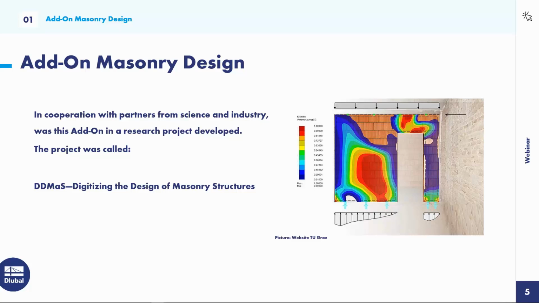The aim of the development was to find a method to make the masonry material more attractive and effective in use, and to create the possibility of being able to use the material in a modern software environment.